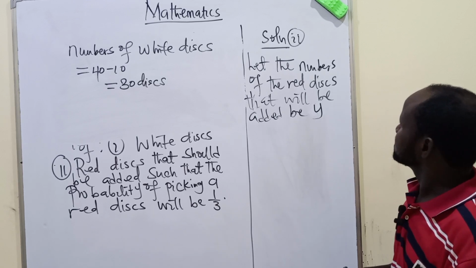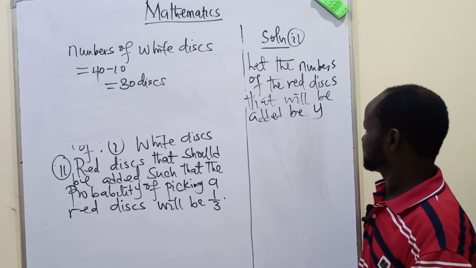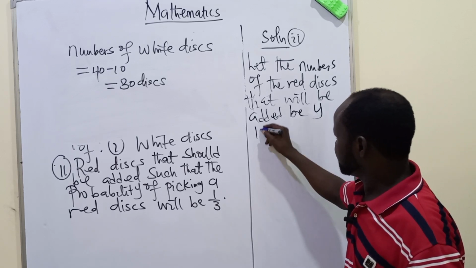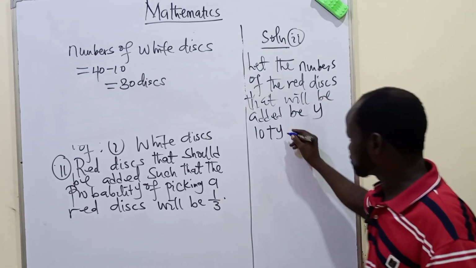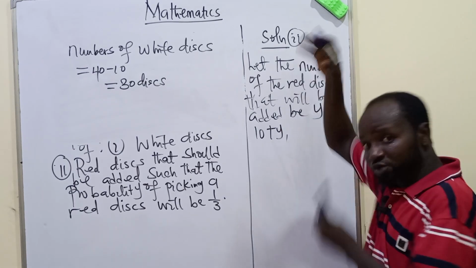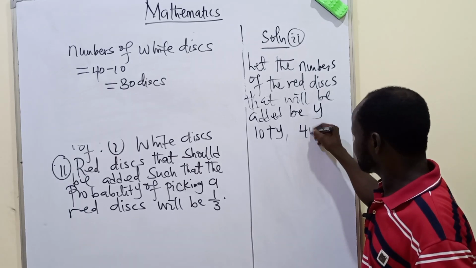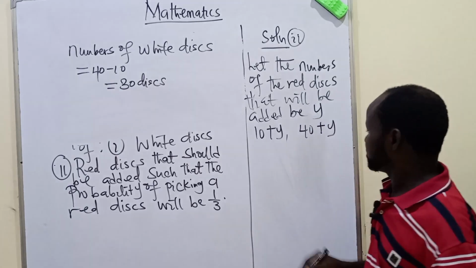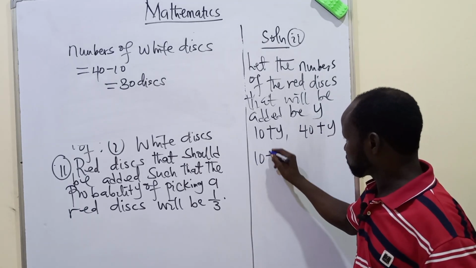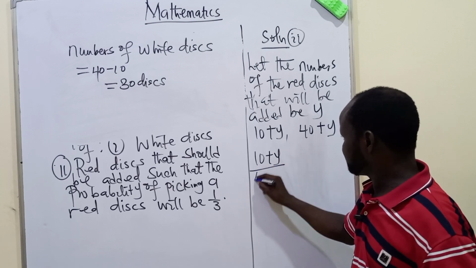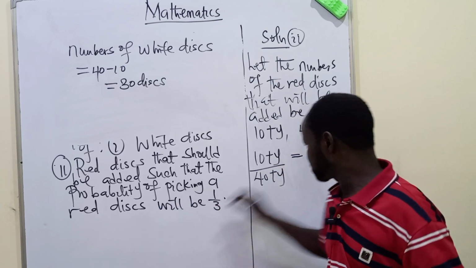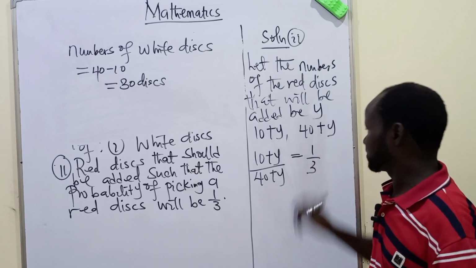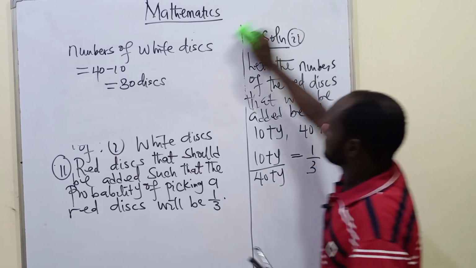We are told that red discs are 10, so it will be 10 plus y. This will be our required outcome. The total possible outcome will increase now. It will be 40 plus y. So (10 plus y) divided by (40 plus y) will be equal to the probability from the question, which is 1 over 3. So we can easily find the value of y.